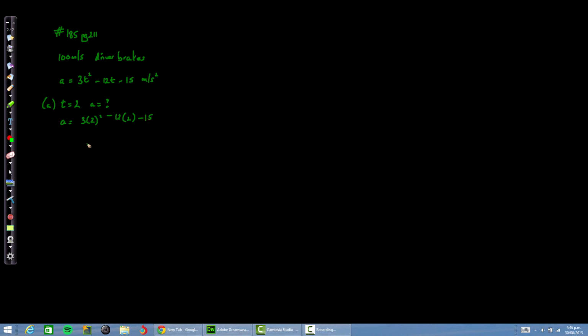Even looking at that, you might realize that the answer is going to be negative, so negative 27 meters per second squared. And it says, why is the acceleration negative? Okay, that's the question in B.